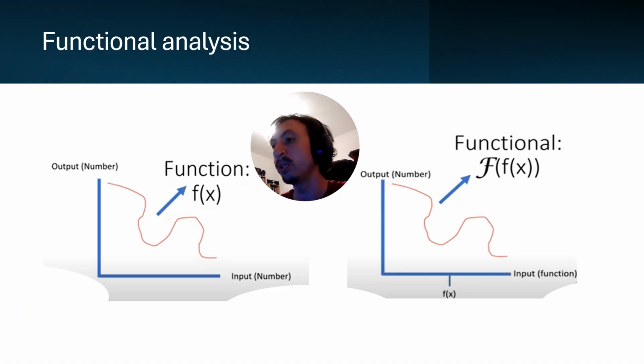So, we mentioned that we're going to look briefly visually at the distinction between a function and a functional. A function is something like, for example, y equals x squared, where x could be any real number and y could be any real number.